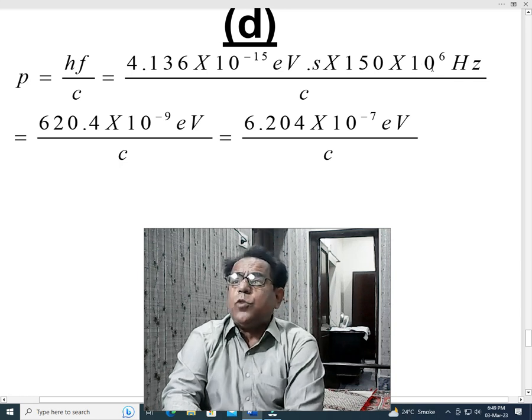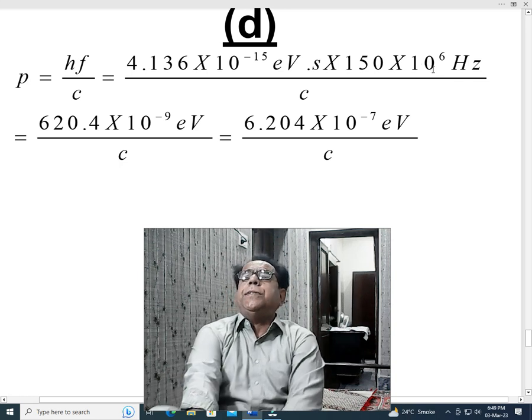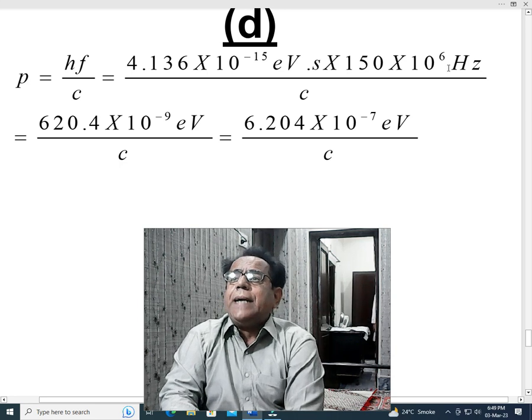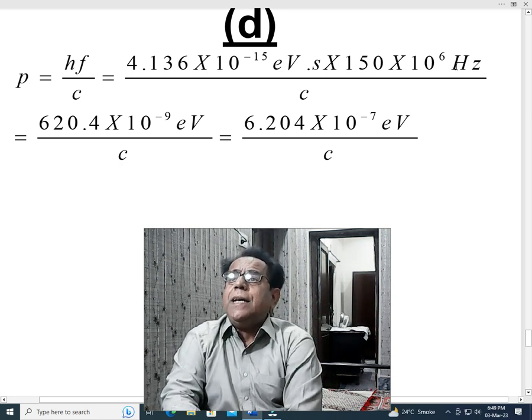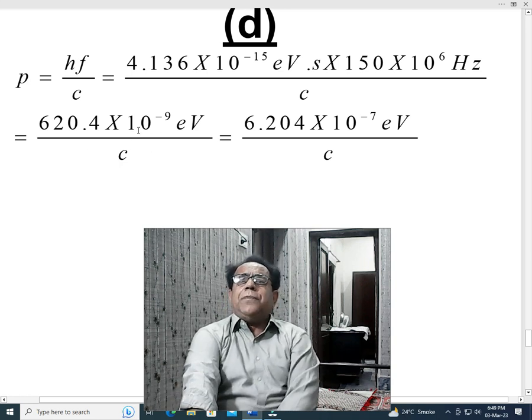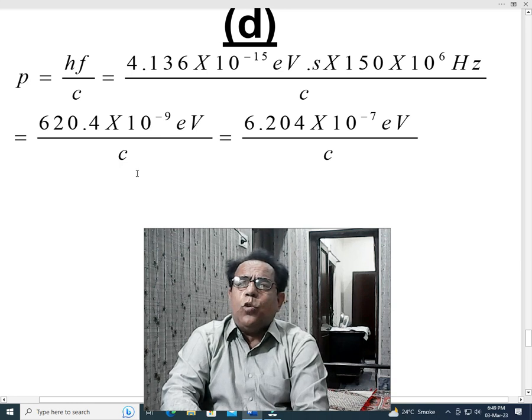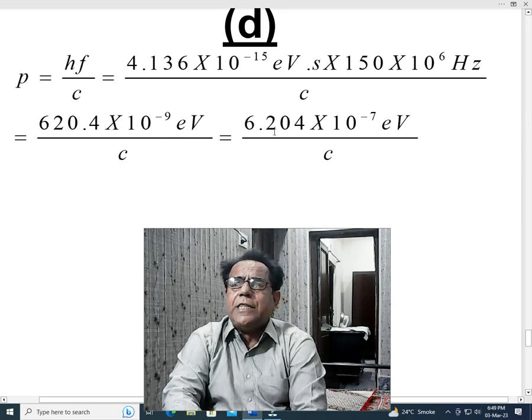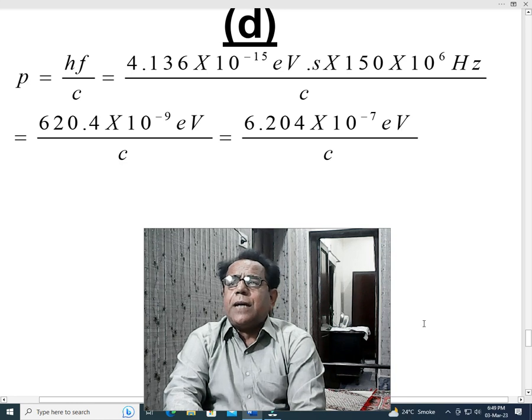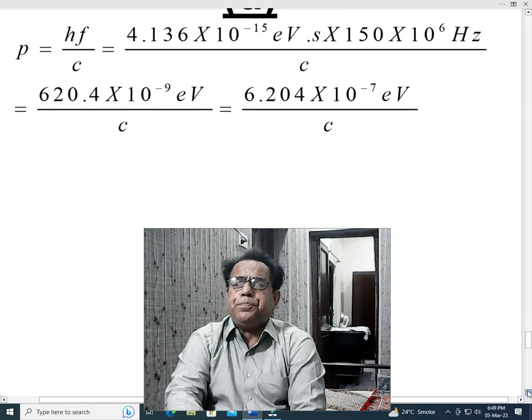Here in place of mega we have used 10 raised to the power 6, and this is simply hertz. So it will take the form electron volt over C, and this will take the form 6.204 into 10 raised to the power minus 7 electron volt over C.